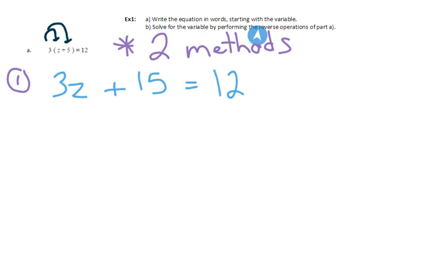So if we write this equation in words starting with a variable, I'm going to look here at z and say, what am I doing to z? So the very first thing is we're multiplying by 3. After we multiply by 3, then we are adding 15. So let's go ahead and write that in words. Multiply by 3, and then add 15.